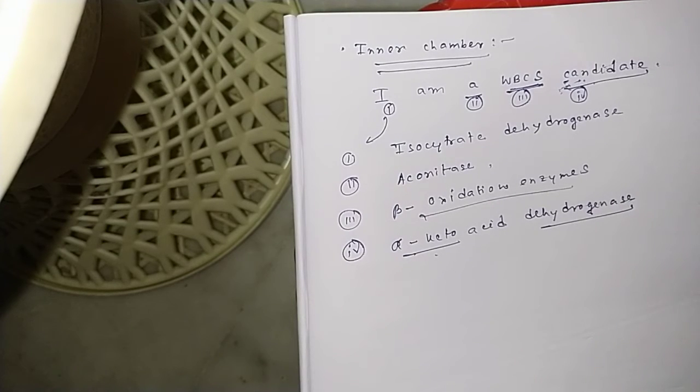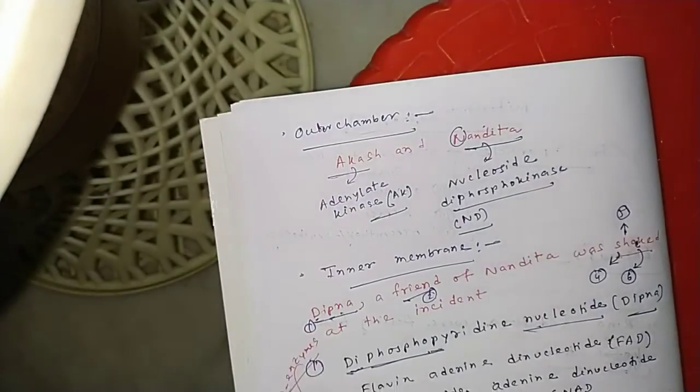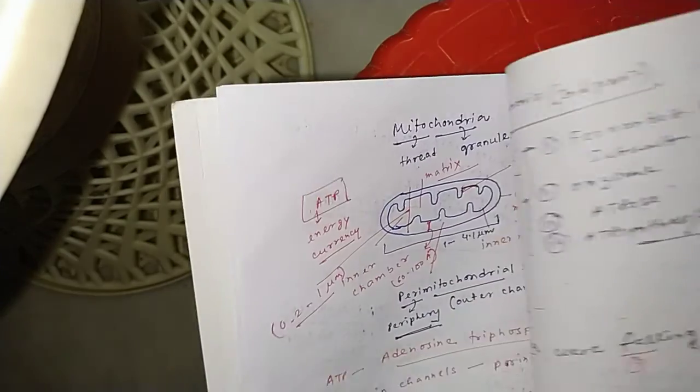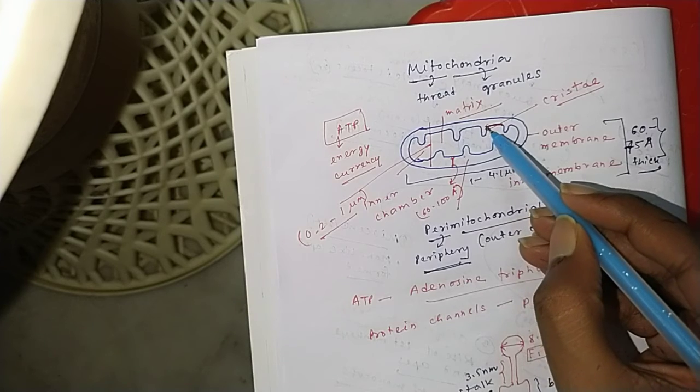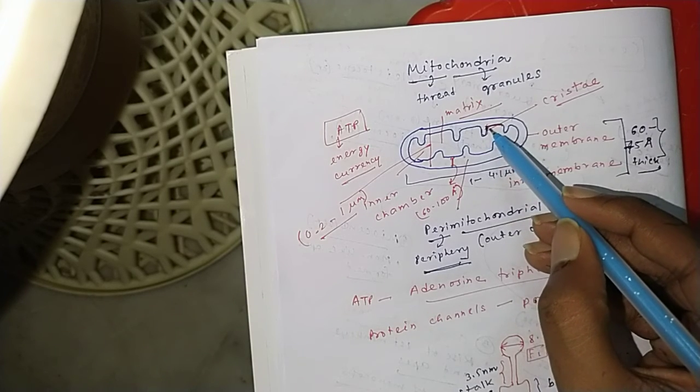Okay, so these are the various types of enzymes that are present in the membranes, in the outer chamber, in the inner membranes, along with the inner chamber of mitochondria. The inner chamber encloses the matrix, and you know very well that I have drawn the cristae, the finger-like projections in the inner membrane, and that is very important.